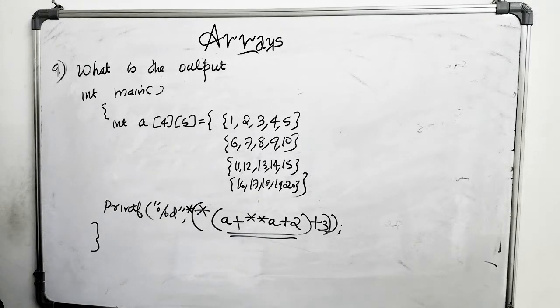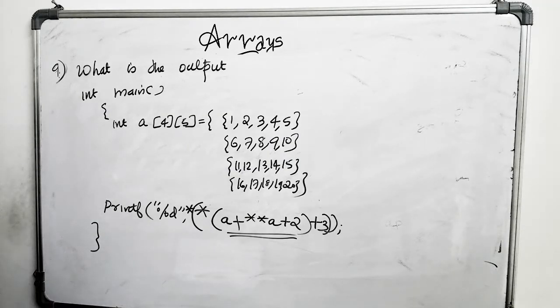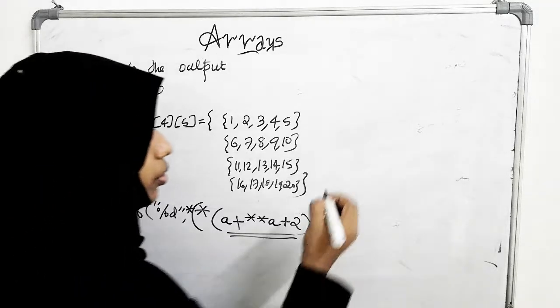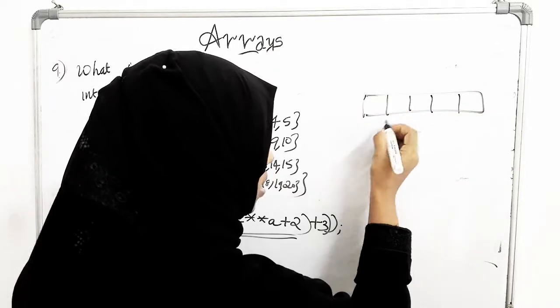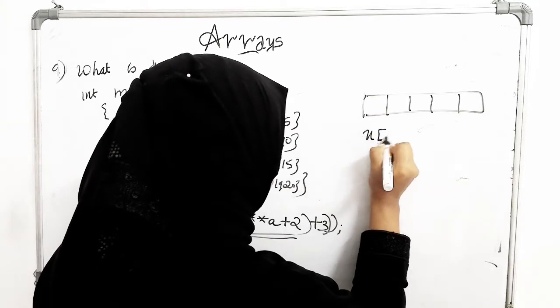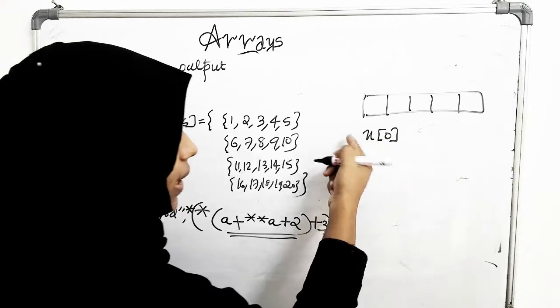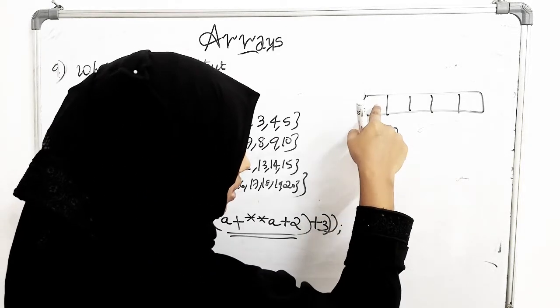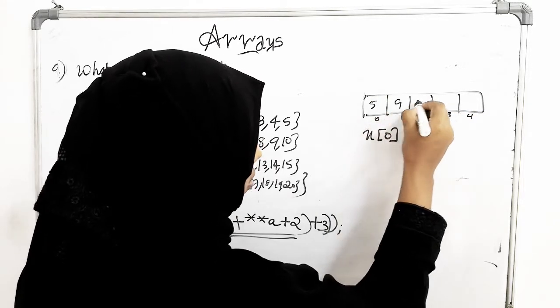Before that, you know that these are pointer operations. So before starting with it, I'll give you the basics, that is, the relation between arrays and pointers. If we have a one-dimensional array like this, the first position of this array is given as x of 0, and the address of this is the element at the first index. For example, indices 0 1 2 3 4, and the elements 5 9 7 2 3.